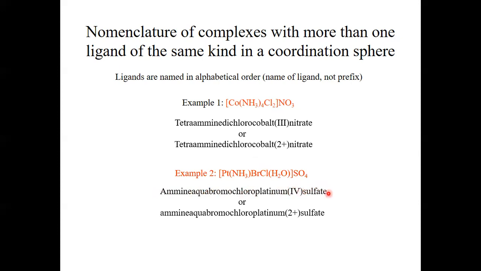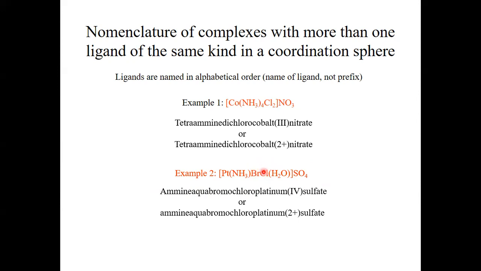For sulfate, the oxidation number is 4 because we have sulfate as an anion, which is a 2- charge, so we must have a 2+ charge at the complex cation. So we have 2 ligands which have -1 charge, the bromo ligand and the chloro ligand.